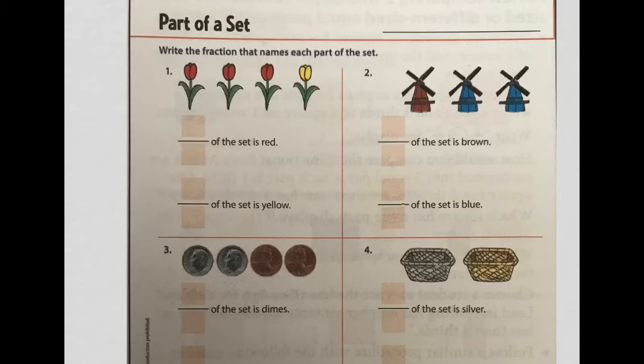How many are there? 1, 2, 3, 4. There are 4 total pieces. Okay, and they want to know how many of the set is red. How many are there that's red? I see 3. So we'll put 3 on the top, and that reads 3/4 of the set is red.